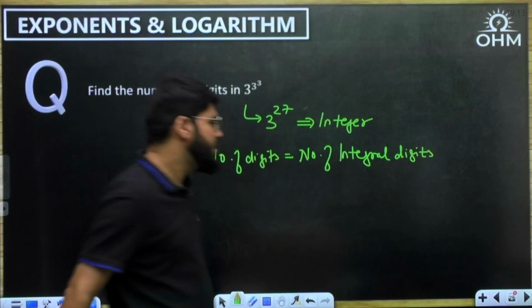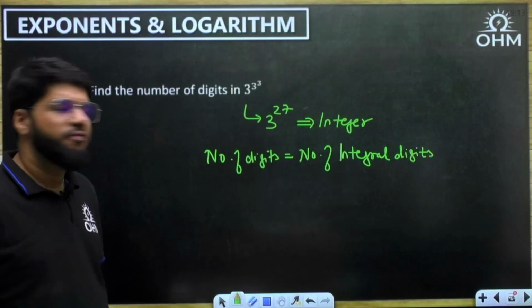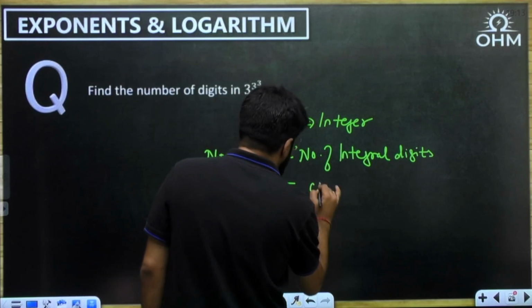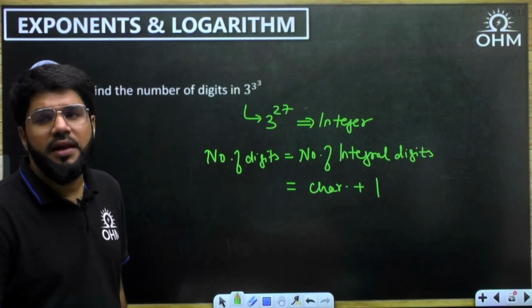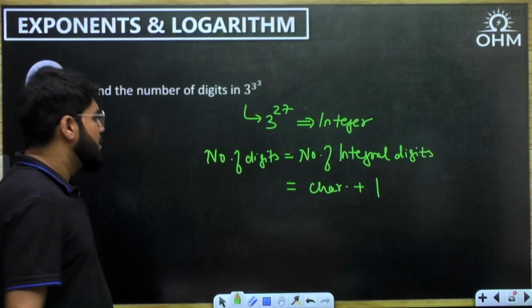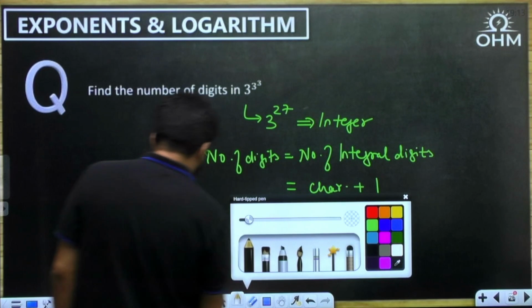Now, the number of integral digits is given by characteristic plus 1. Characteristic of what? Of log x.